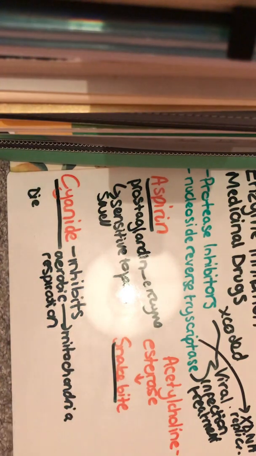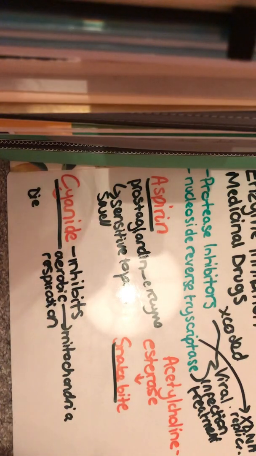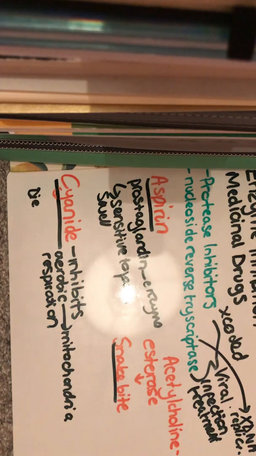This enzyme is in the synapse, between the neuromuscular synapses and cholinergic synapses, and when this enzyme is inhibited, it can cause paralysis.